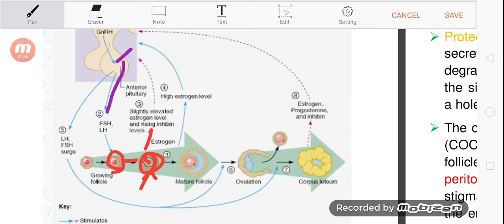This estrogen release is a negative feedback for GnRH and FSH. It should be like this: negative feedback for the hypothalamus and negative feedback for the anterior pituitary.